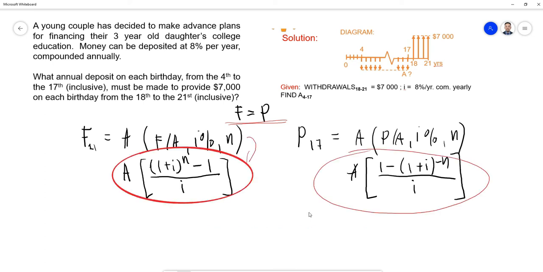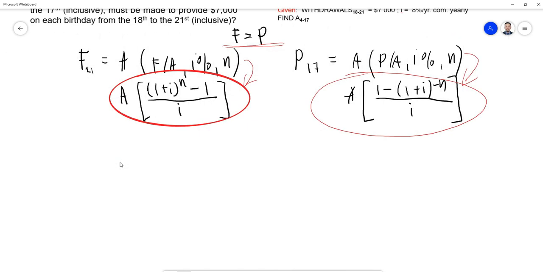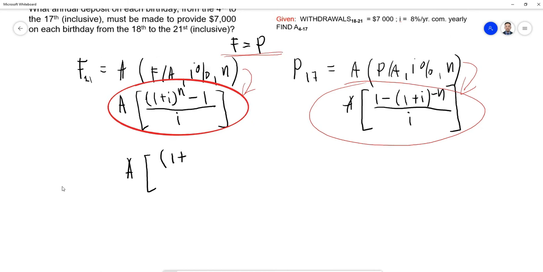We will now equate this notation of F to P. We substitute the values, so we are going to find A. We have 1, this is for the left side, plus I, which is 0.08, raised to N, which is 14 interest periods.